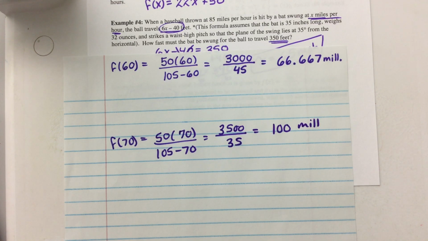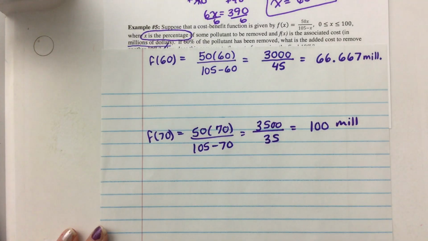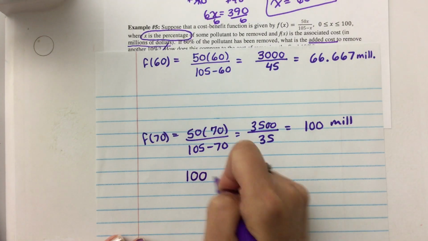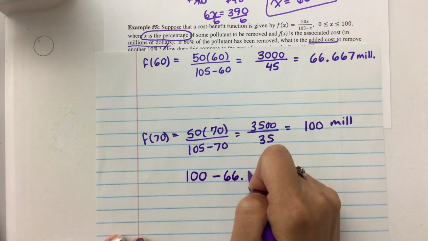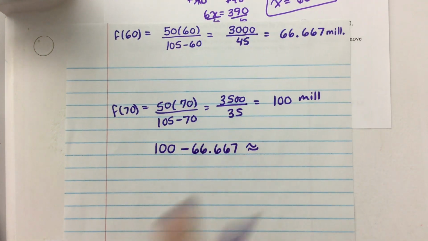Okay, so that's not what the question was asking. The question says, what is the added cost? So we need to subtract the two. So 100 minus 66.667, and the reason why I'm putting approximate is because I rounded that first value.